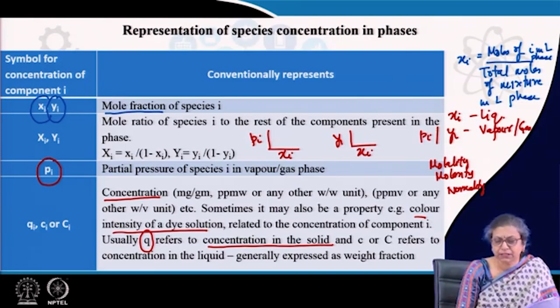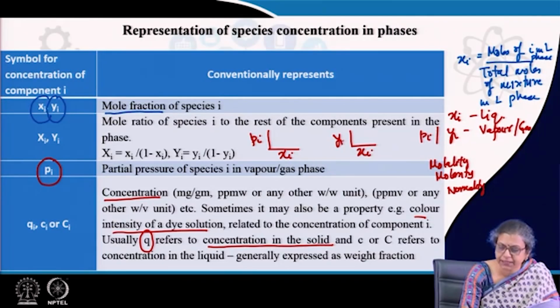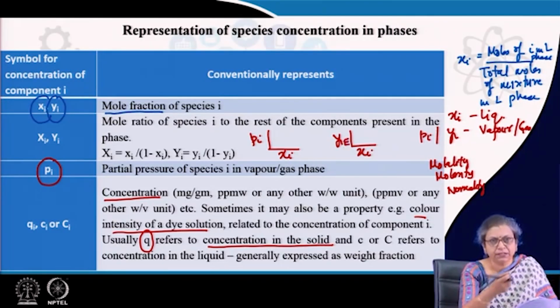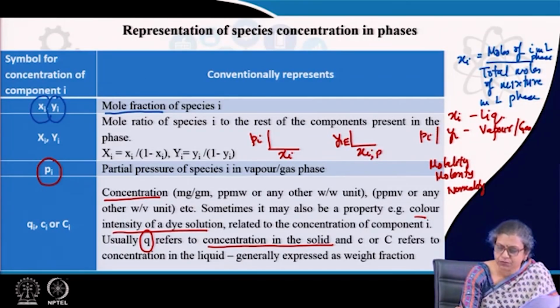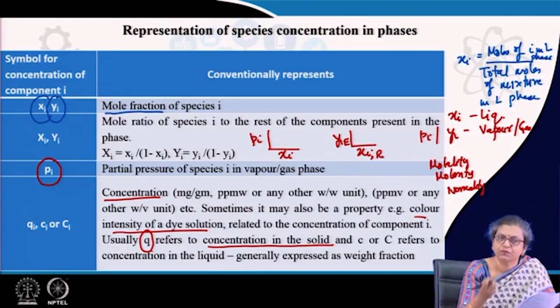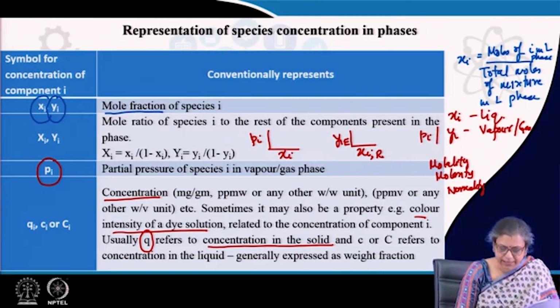For extraction, quite often we can use something like Yi versus Xi, where Yi refers to the composition of the component I in the extract phase, the phase where the component has been extracted, and Xi refers to the raffinate phase, or the phase which is remaining from the feed after the component has been extracted.